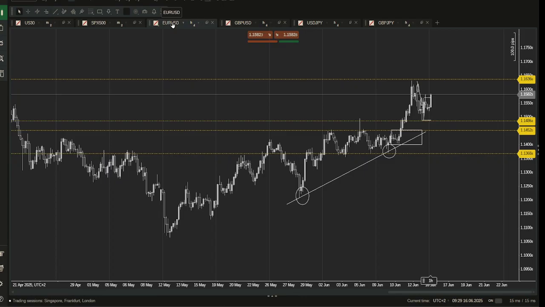Not much. For the EU, I put some drawings on. So like I said, normal Monday, not much going on. Initial action M1, maybe M2, looked kind of decent.